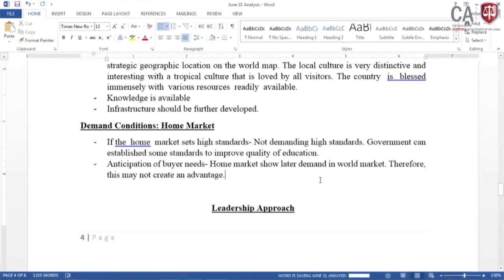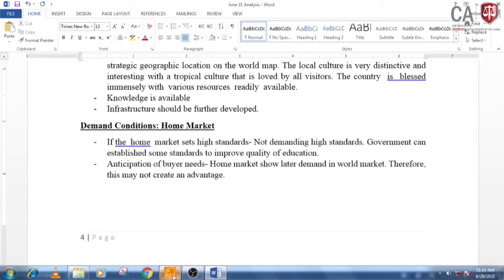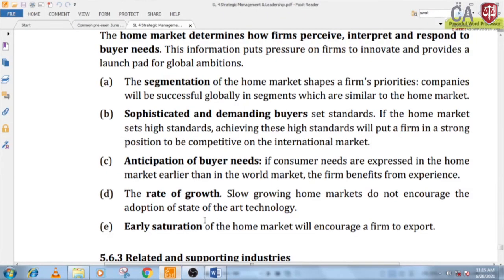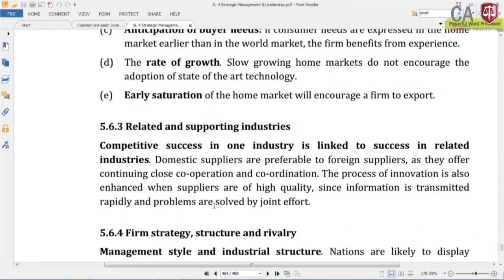If demand is coming before the world market, then local players can prepare to cater for that one. But here demand is coming after world demand. It's a disadvantage. Related and supporting industries.